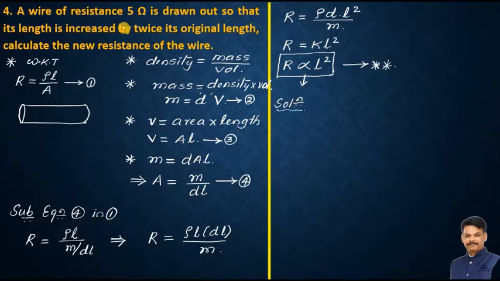Right. See, here they mention that there is a wire of resistance 5 ohm and its initial length.